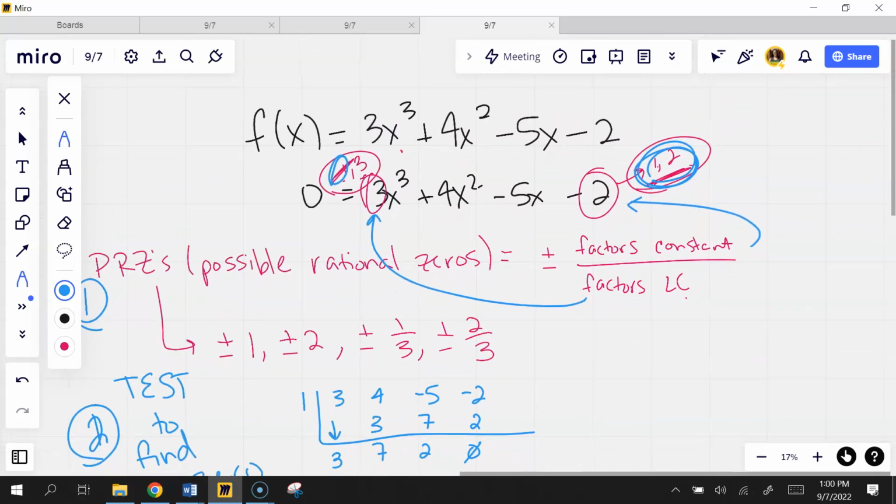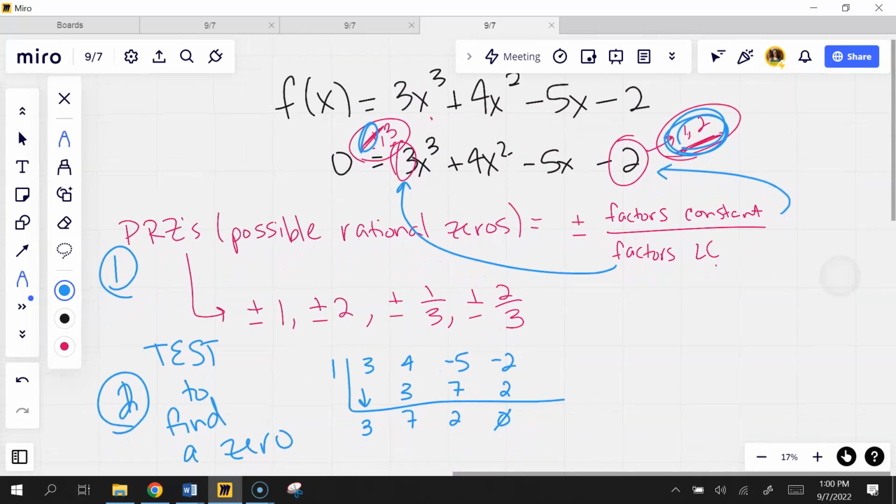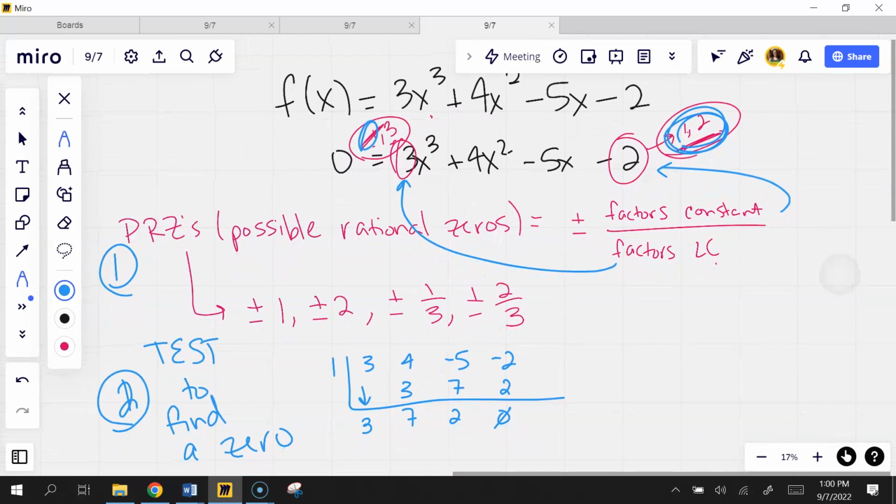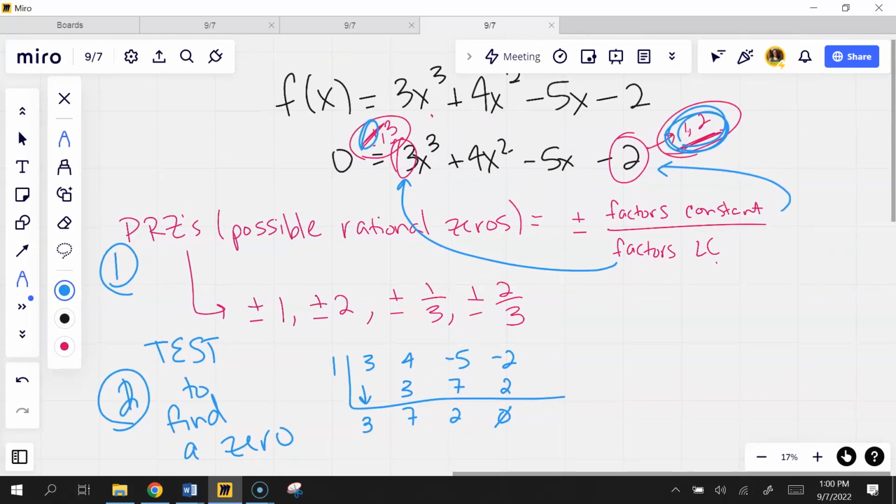Okay, look at the starting problem, right? I asked you to find the zeros of that. I just tested a place. You do them all until you find one that ends in 0. I got lucky and the very first one I tried worked.